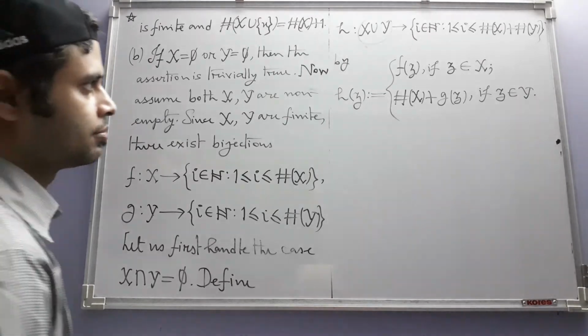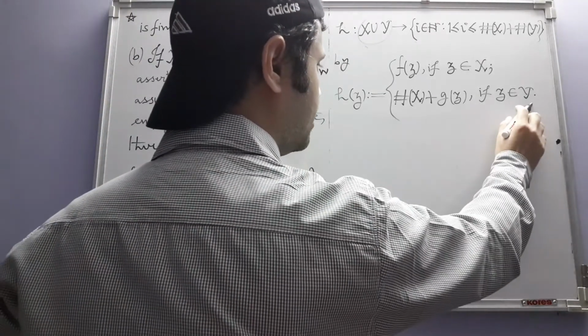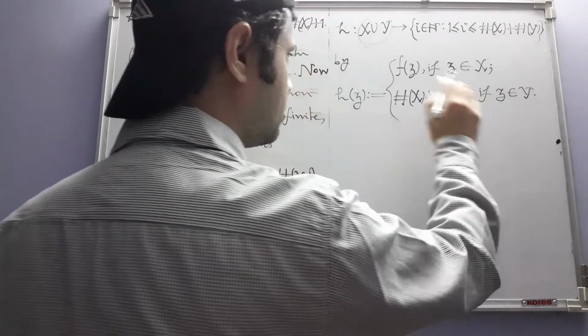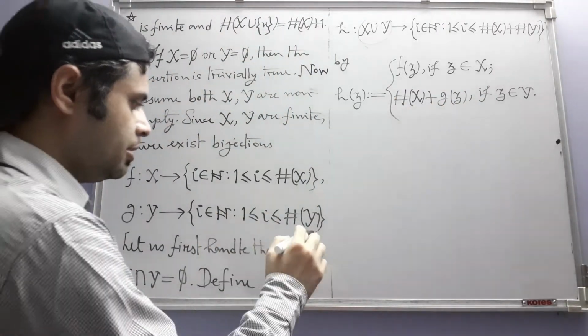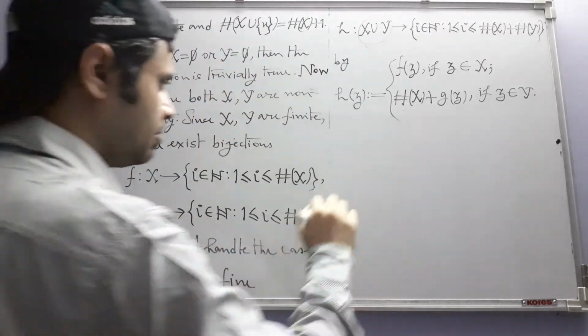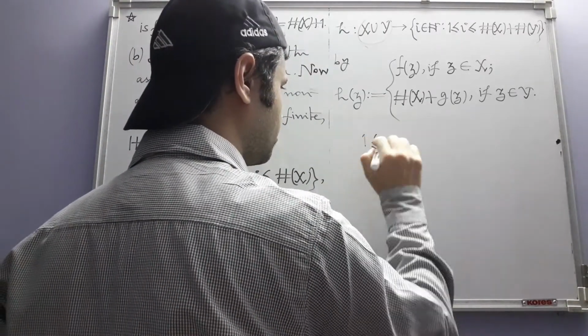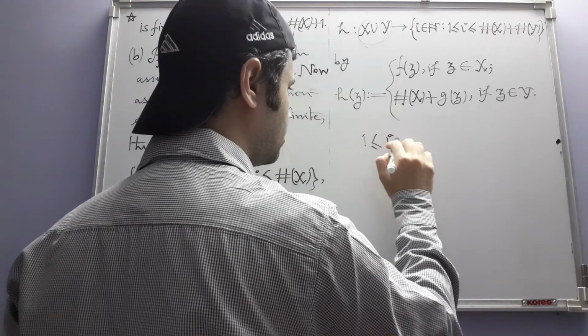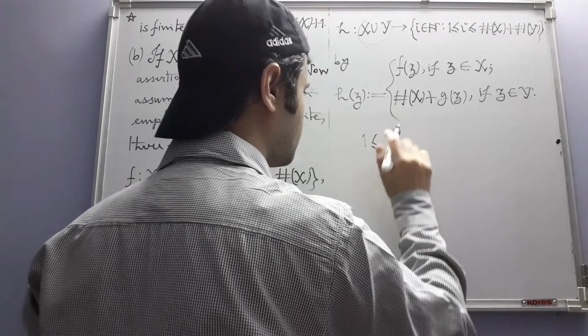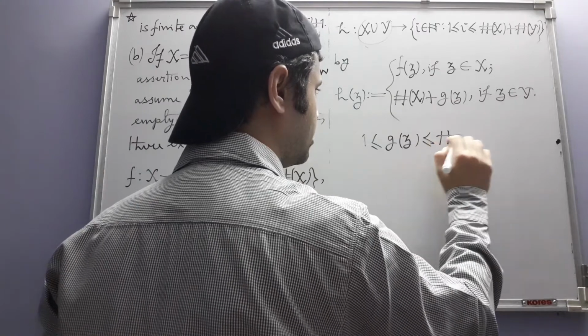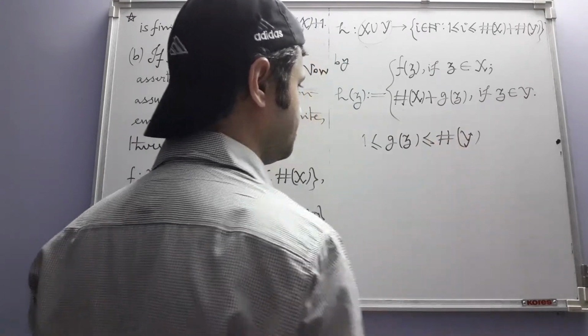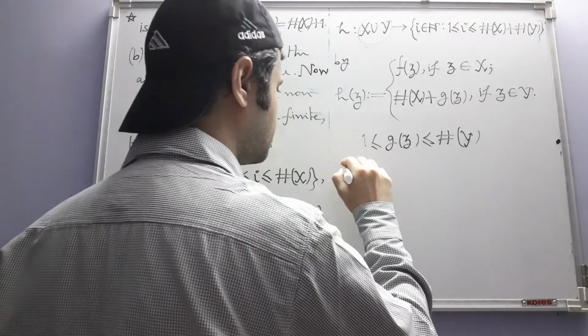Fine. If, however, z lies in y, then this is the output. Now note that g of z by definition lies between 1 and cardinality of y.